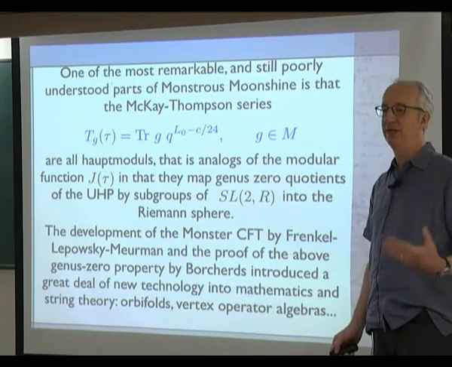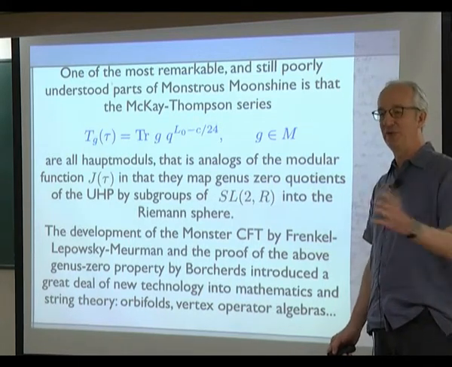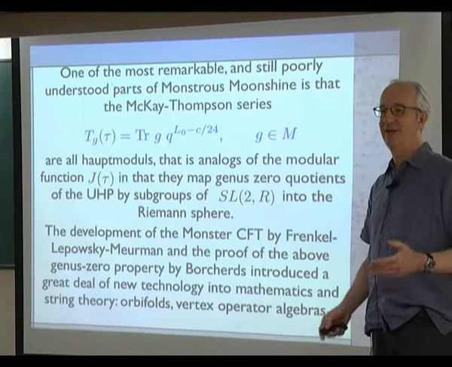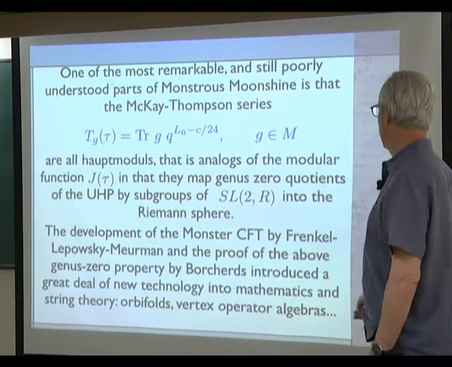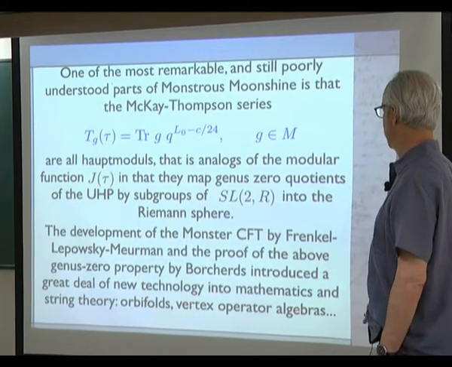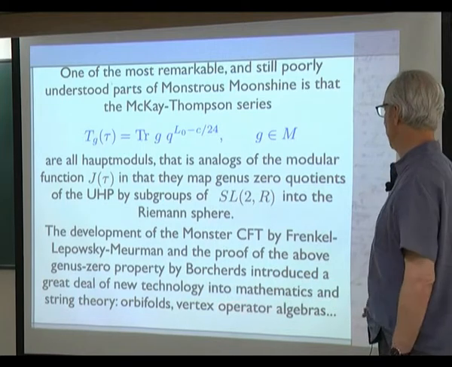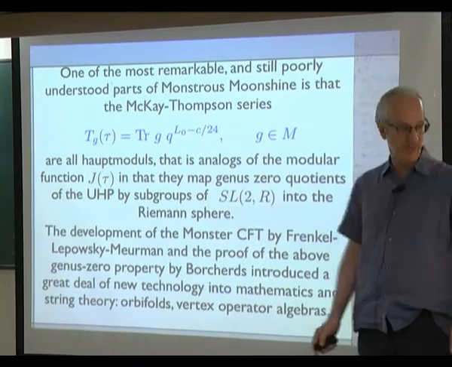Still, they had the basic technology, including modular invariance, twisted sectors, and projection onto invariant states. They didn't have the same intuition, but they developed the machinery of how to do that. And again, string theorists have the idea of operator product expansions, but mathematicians axiomatized this and formalized it into a theory of vertex operator algebras, which has been very influential in mathematics.